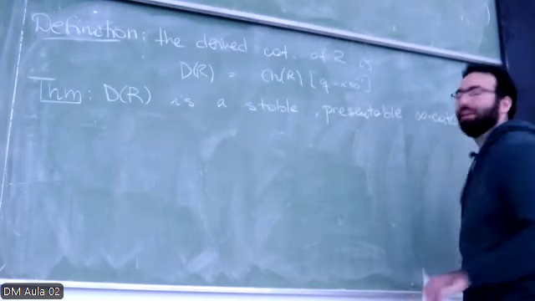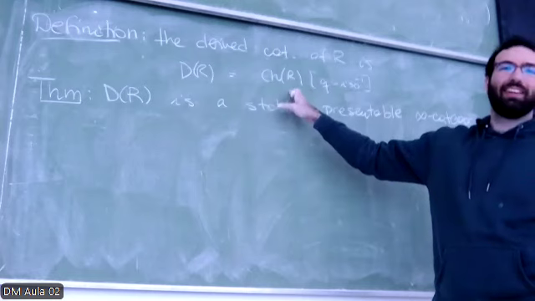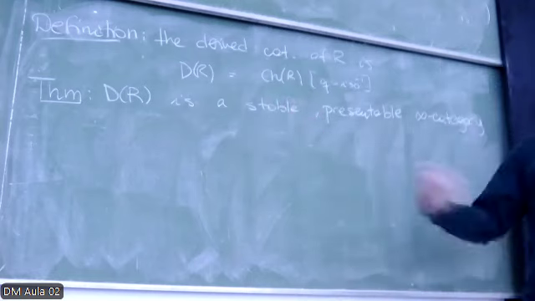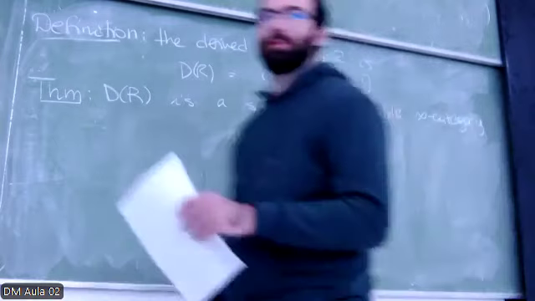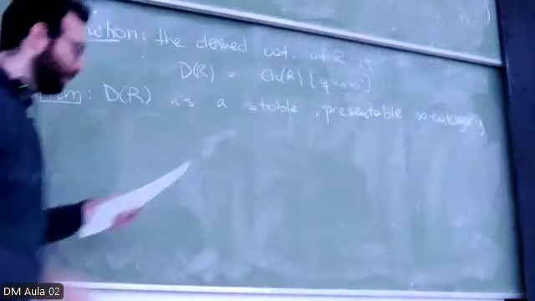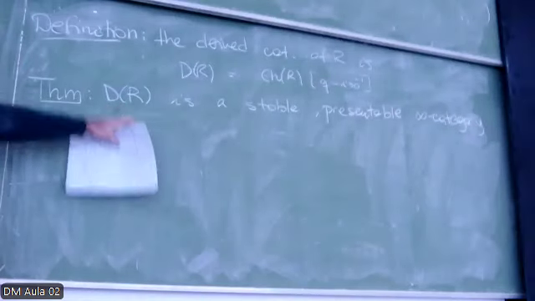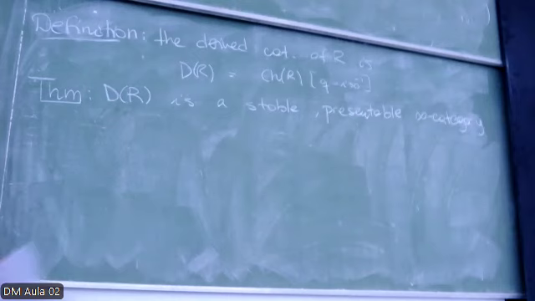So I really needed localization to define it, and I really wanted to say that it enjoys these two nice properties. This explains all the prerequisites that I explained today. Okay, and let me, to conclude, give you a reason, which is part of the statement of this theorem, of why both of these things are true.